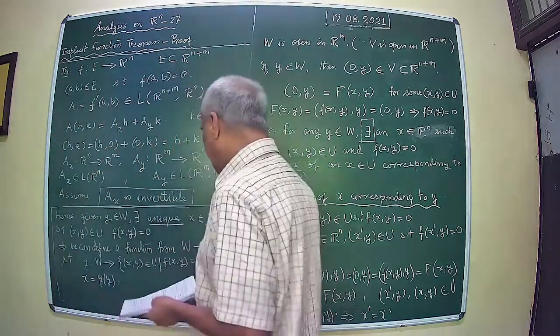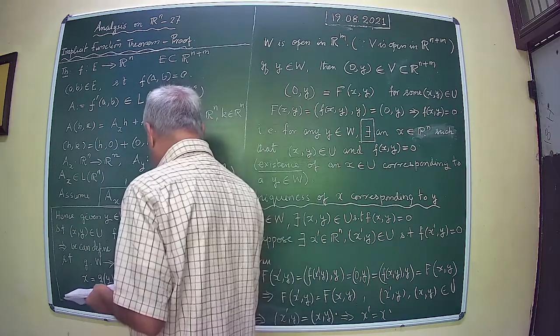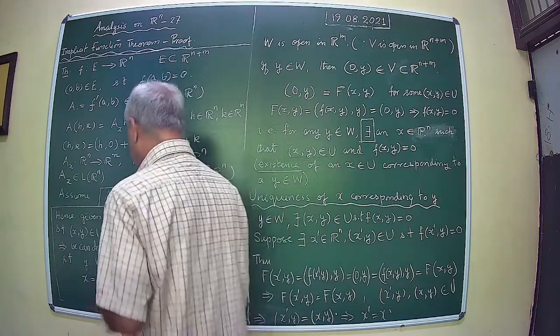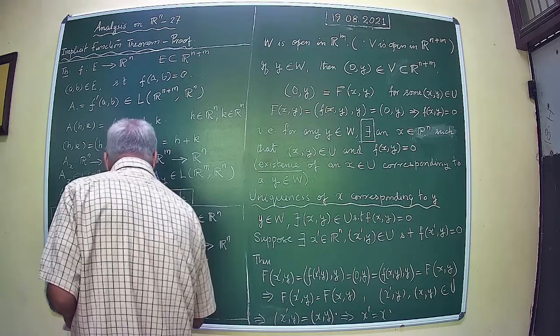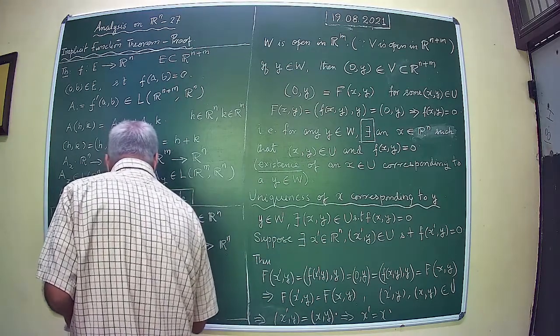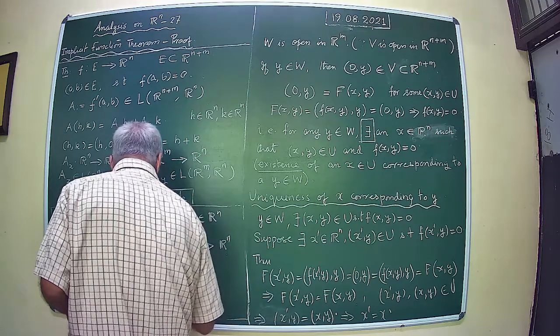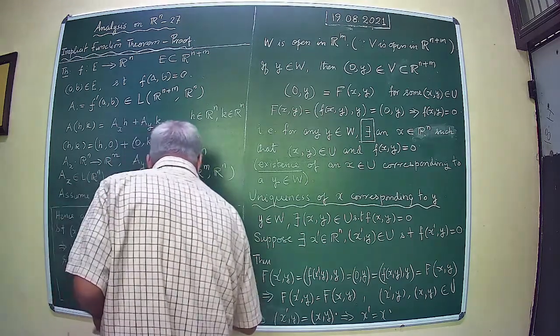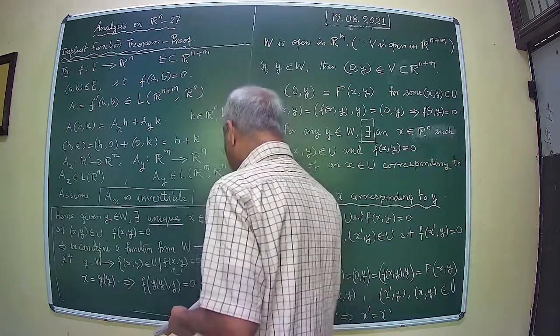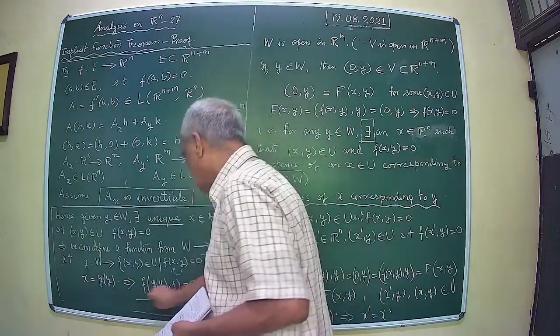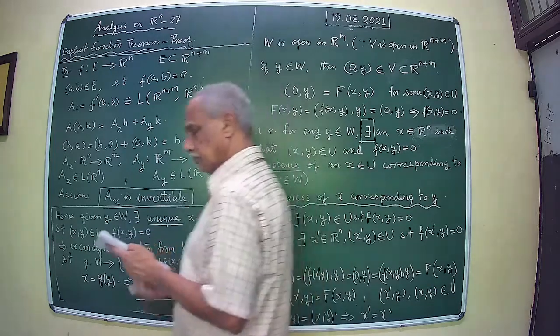So you are linking up this y with this x, and which implies f of G y, y equal to 0, for y belonging to W. This is what you have.